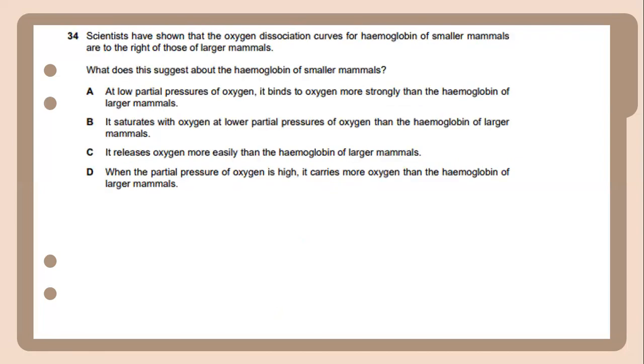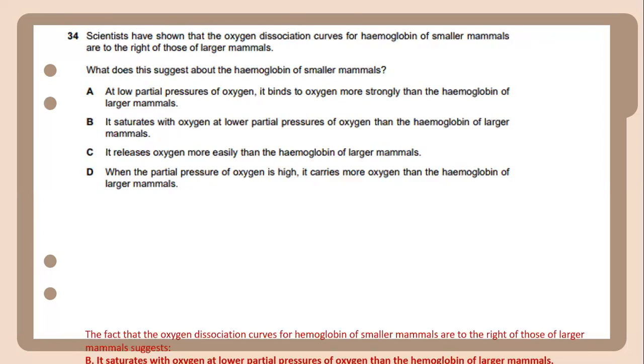Scientists have shown that the oxygen dissociation curves for hemoglobin of smaller mammals are to the right of those of larger mammals. What does this suggest about the hemoglobin of smaller mammals?